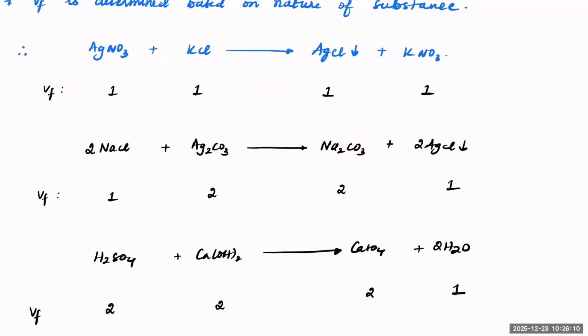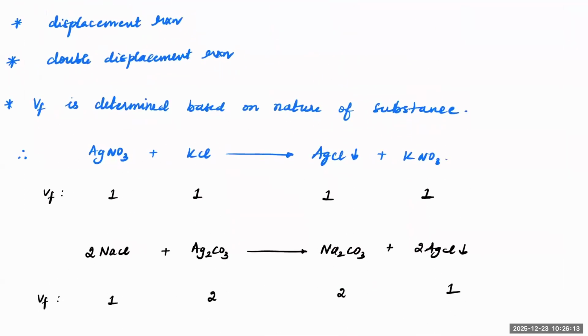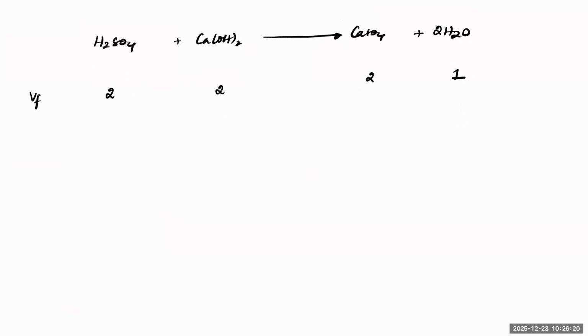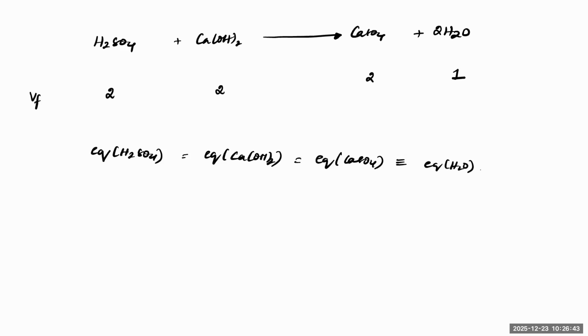This is how we can find out the valency factors in all the acid-base reactions or displacement reactions or double displacement reactions. Correct? Yes. How do we read in these reactions, beta? We can say the number of equivalents of H2SO4 is equal to equivalents of calcium hydroxide is equal to equivalents of calcium sulfate is equal to equivalents of H2O. Done.